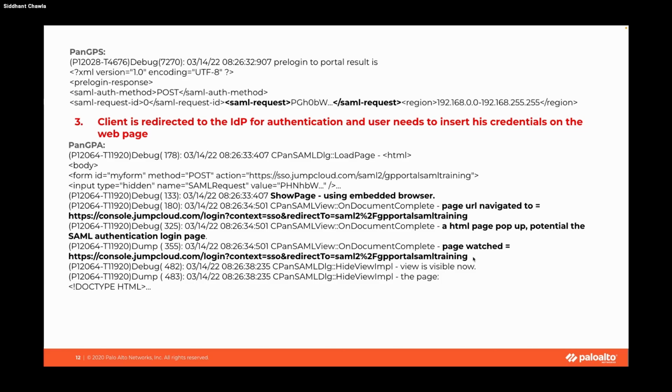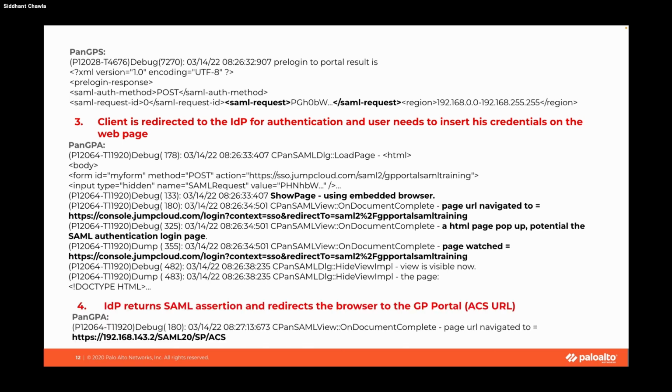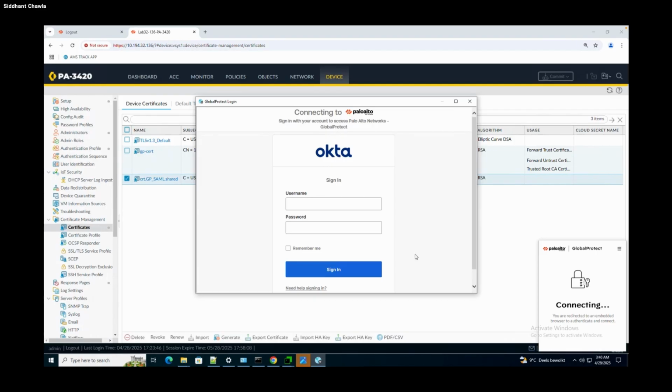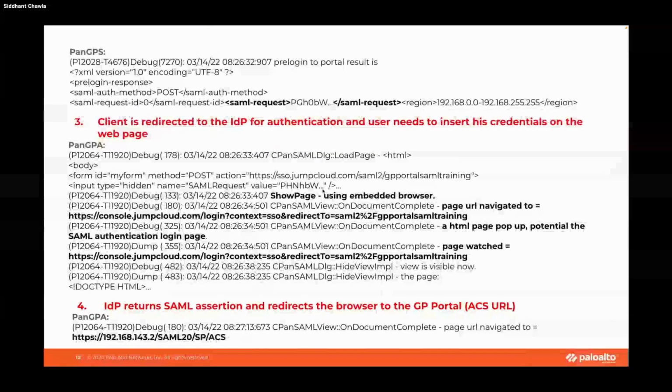There will be an HTML pop-up, the SAML authentication login page. How will that pop-up look? If I go back and try to log in, this is the HTML pop-up where I'm asked to enter my username and password. So the user needs to insert his credentials on the web page.